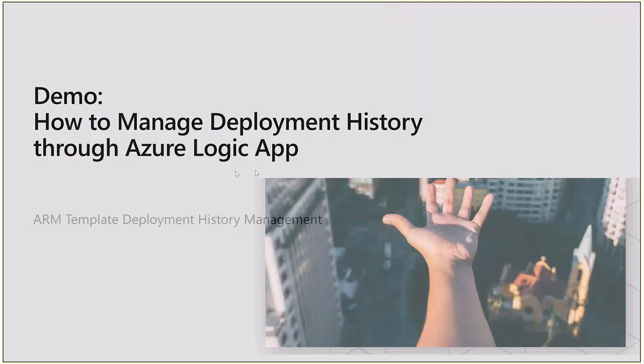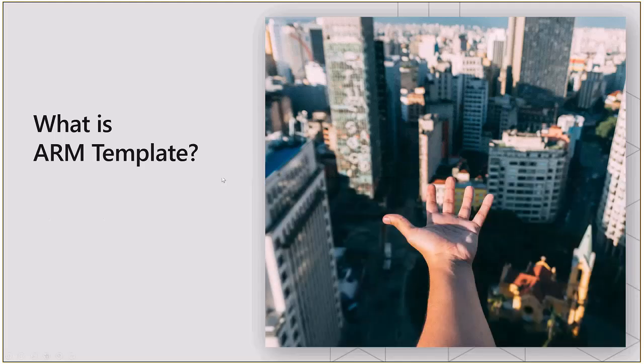Now, to begin with, I probably need to slightly touch on what the ARM template is, in case anyone is not familiar with it. ARM stands for Azure Resource Management. When you create a resource on Azure, you can do it directly on the Azure portal or by writing a template.